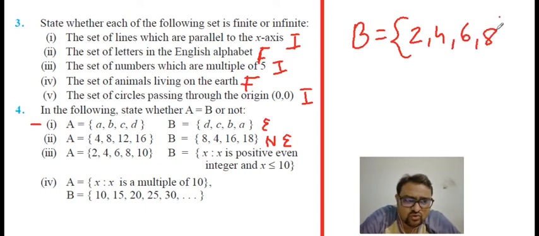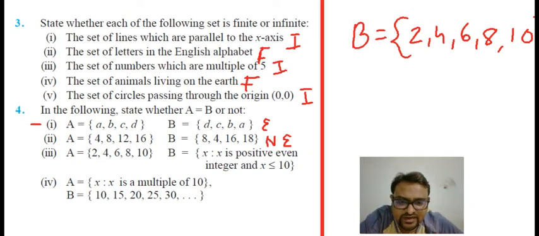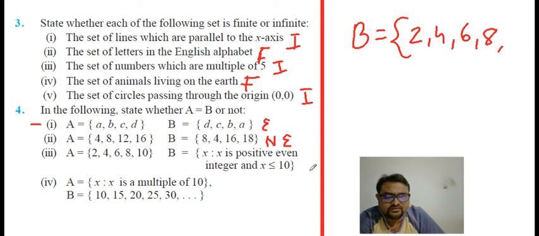This is set B. In set A it is 2, 4, 6, 8, 10, so I will also write down 10. Now when you compare both sets, 2, 4, 6, 8 and 10, and 2, 4, 6, 8 and 10, both are equal sets. So let me write it down E. Just a minute, let me erase that.